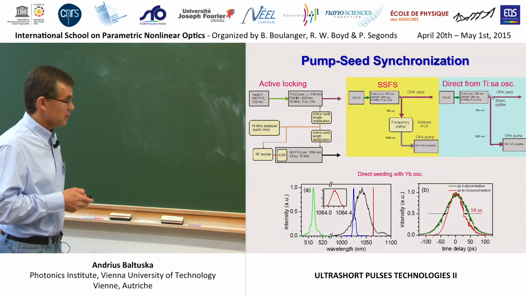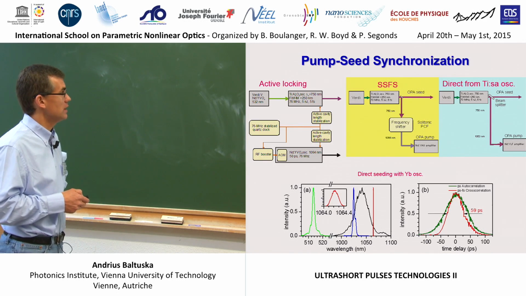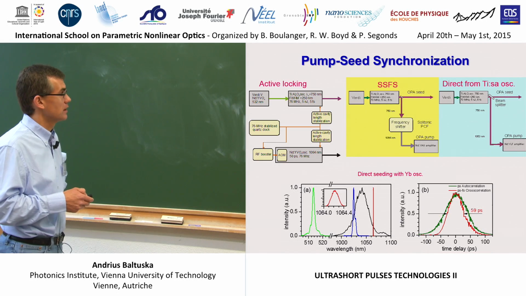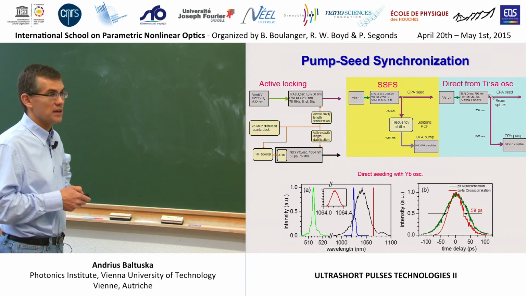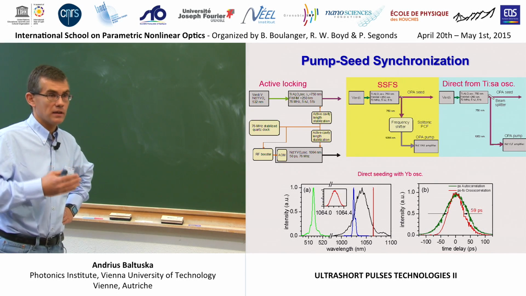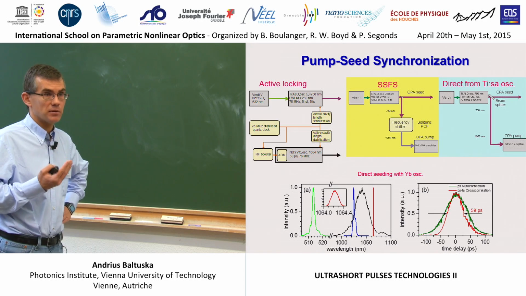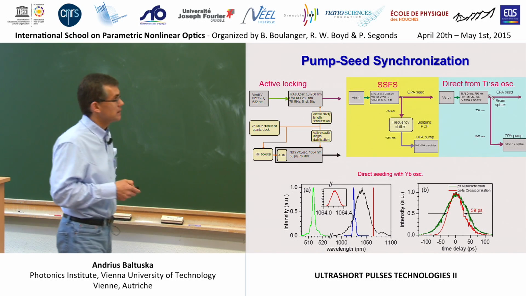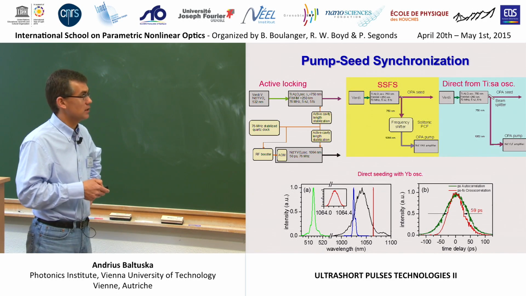So another way is to ditch one of the oscillators, keep the other one. And now you need to solve the problem: how do I extend the bandwidth of the 800 nanometer laser to have enough spectral brightness at 1 micron where the pump laser would work? So one idea is to use a frequency shifting fiber.